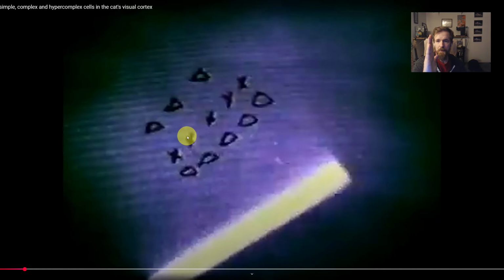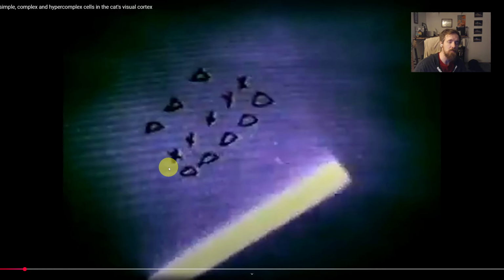Whenever it was straight up and down like that and moved across, that cell didn't really fire all that much. And so essentially what they found is that this one specific visual cell, part of our visual field, is going to fire frequently when it encounters lines at this specific angle.